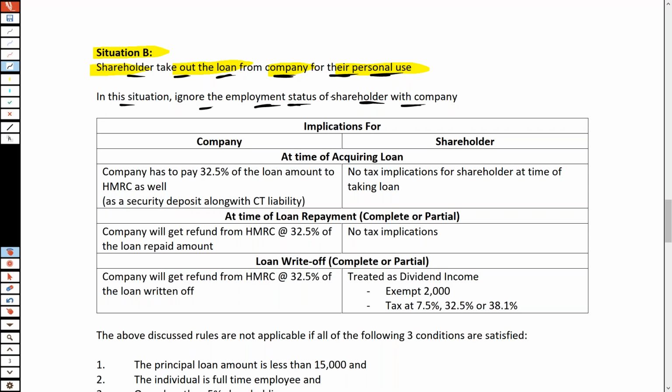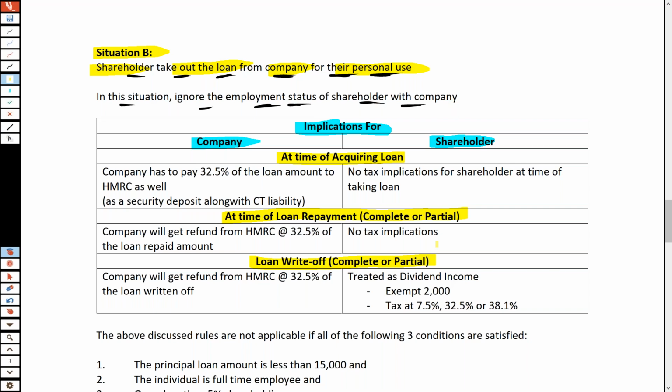Ignoring this, now let's talk about the implications for both company and shareholder under three different scenarios: at the time of providing the loan, at the time of loan repayment from the shareholder to the closed company, or in the case where the shareholder would not be repaying the loan amount to the closed company. So obviously then the closed company would be writing off the loan amount.